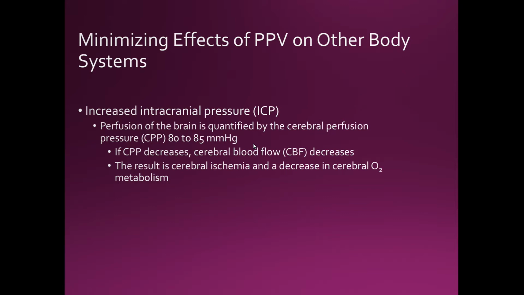We do have some ICP monitoring in the ICU that's more directly the intracranial pressure. If this cerebral perfusion pressure decreases, your cerebral blood flow decreases. Okay, and so when that happens, you have some cerebral ischemia and a decrease in cerebral O2 metabolism. The cerebral ischemia is going to be pretty much an issue because you have lack of blood flow, lack of oxygen, hence you're going to have an anoxic event.